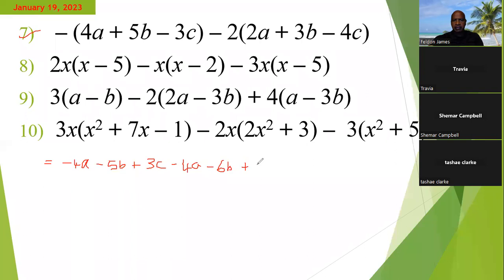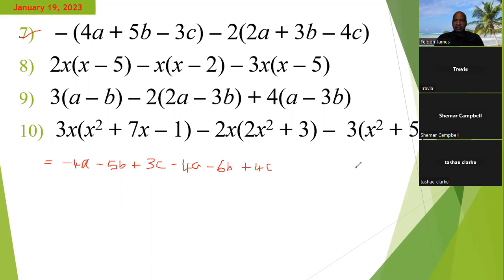All right, before we go any further, let us verify, you said plus 8C, right? Yes, sir. All right, so let us verify that your result is correct so far. Anybody else got the same result for the removal of the brackets for question 7?